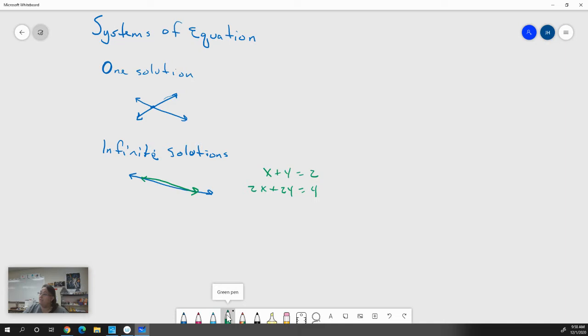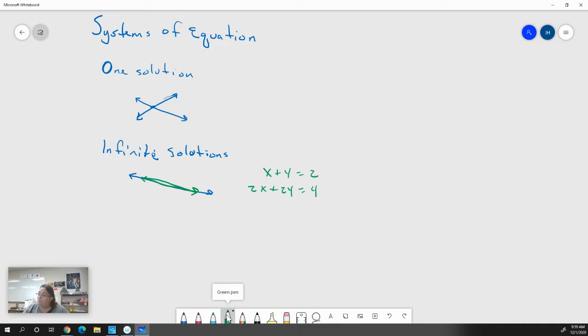Notice that the second line is the same as the first line, just multiplied by 2. They would graph right on top of each other, so every point that is a solution for x, y would be the same in both of those, because every point they would land on in that graph would be identical, right?